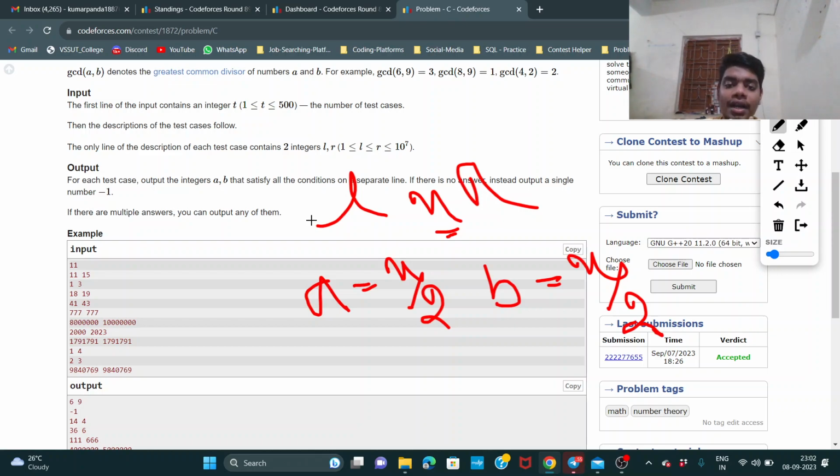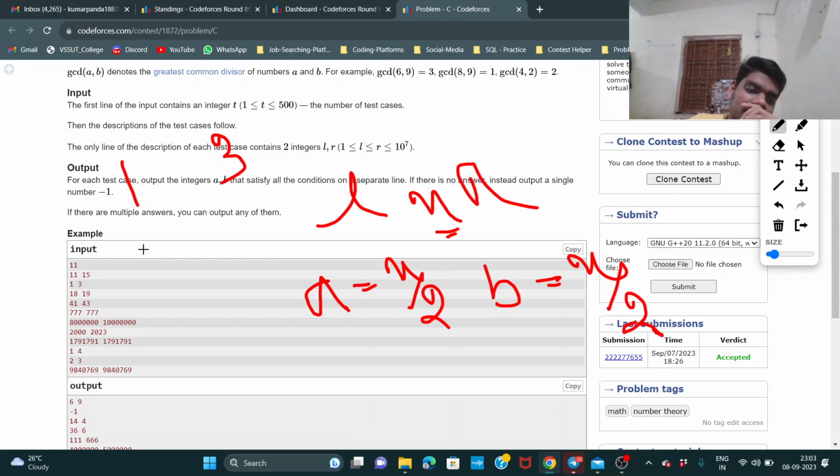Okay. And what if we do not have any even number in that range? For that, the only case that we encounter is, see, if our range is 1 to 3, then in this case we do not have any even number other than 2.